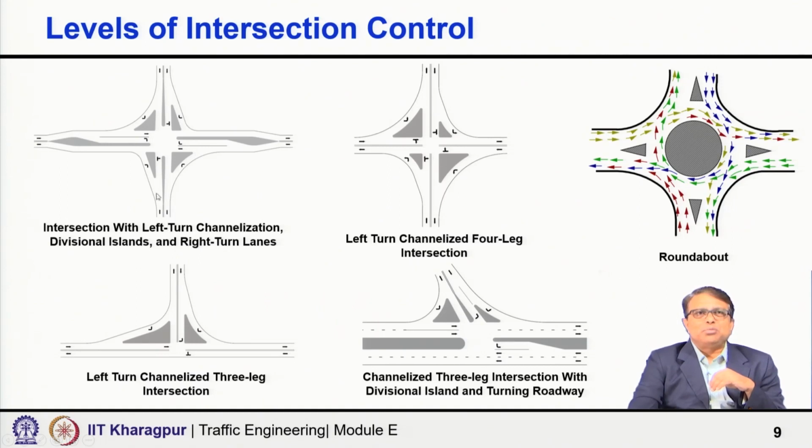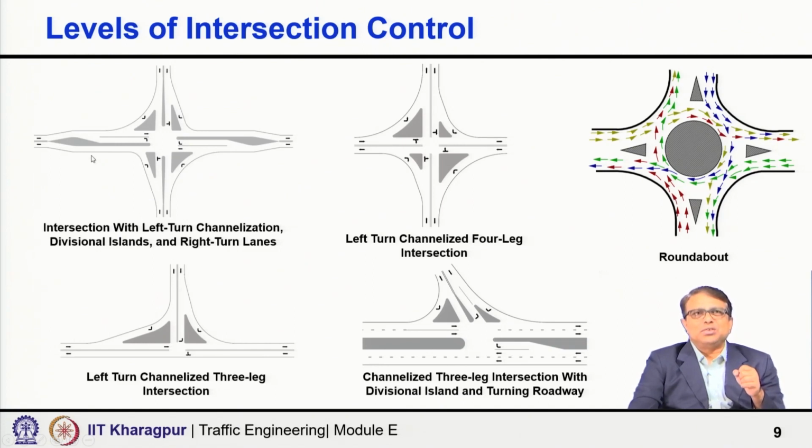You can see from all approaches the left turn is made using some kind of channelization. So, merging is controlled, at which angle and how you want the traffic to merge, you are controlling the movement by providing channelization.